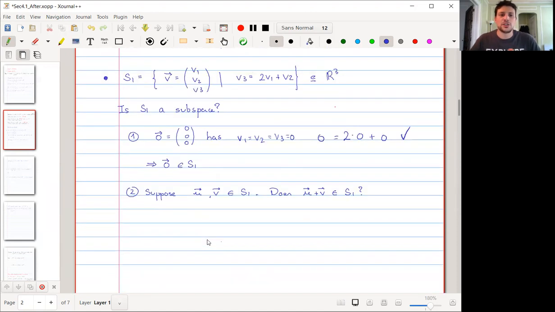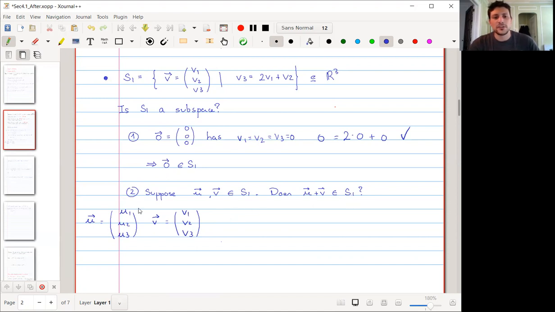Let's check the second condition. Suppose that we have 2 vectors here, u and v, and I'll write them expanding out their entries. So we'll have u1, u2, and u3, and v equals v1, v2, and v3. The question is, does their sum belong to the space S1? Well, let's see.